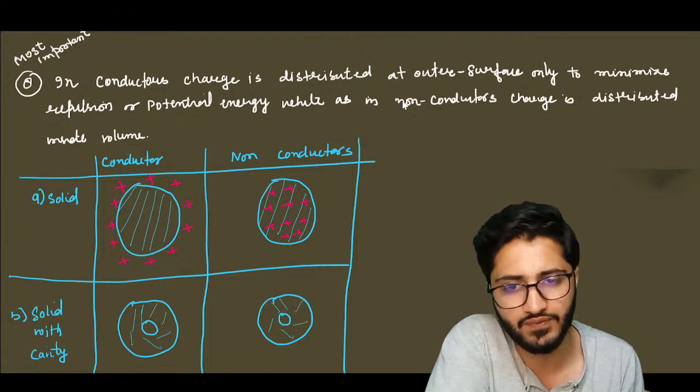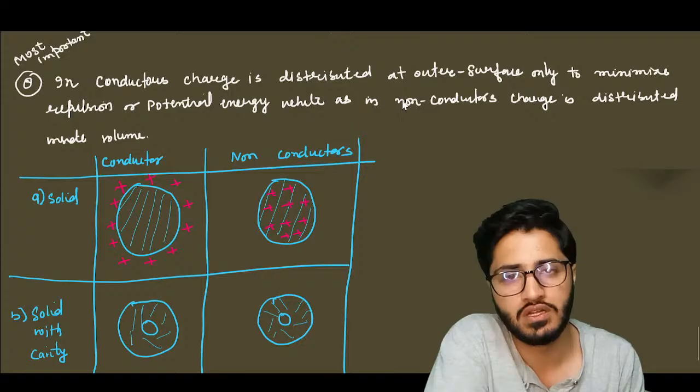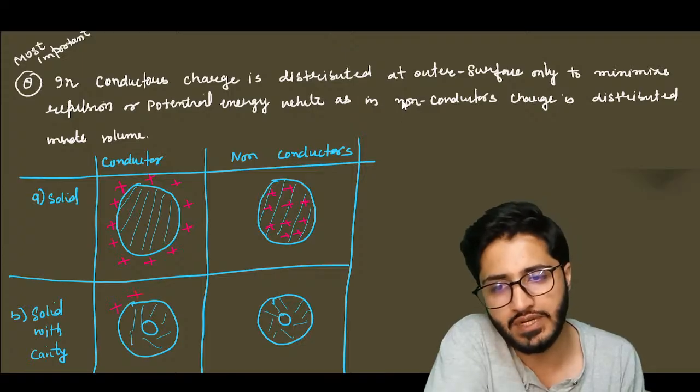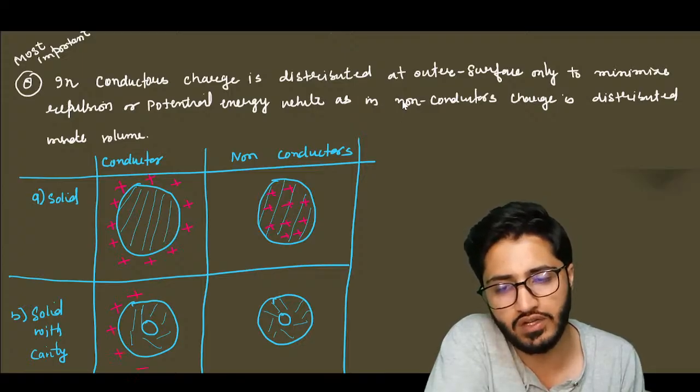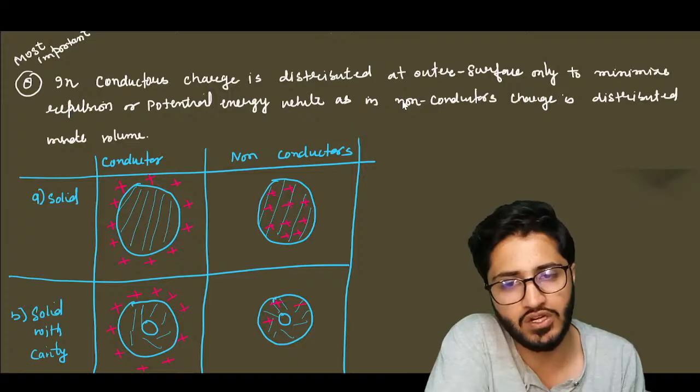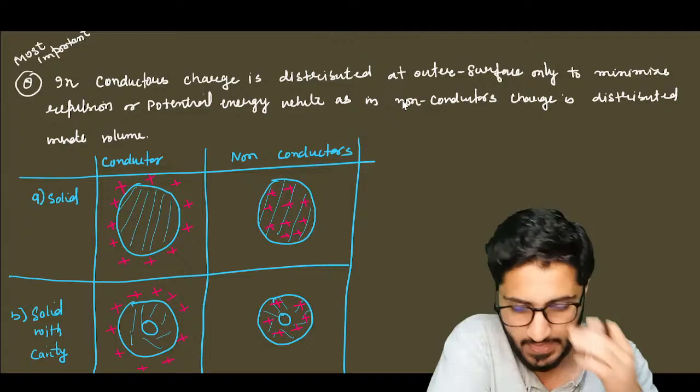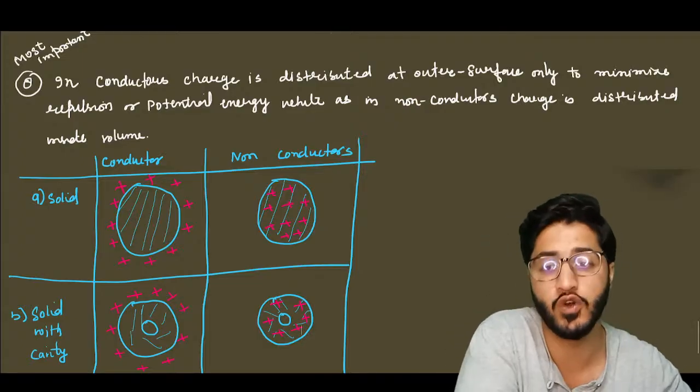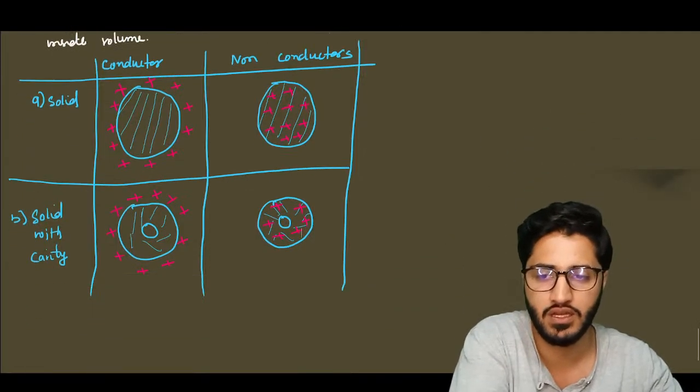Then, in case of conductors, charge will be only on the surface to minimize repulsion. But in non-conductors, charge will be throughout the volume. Okay.